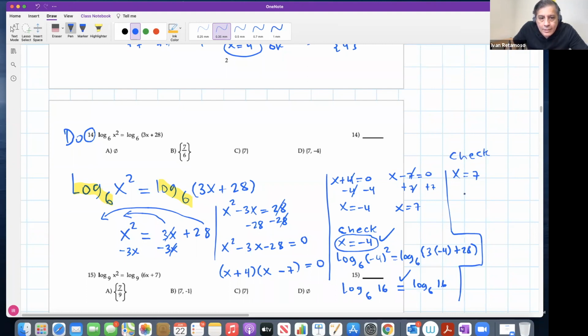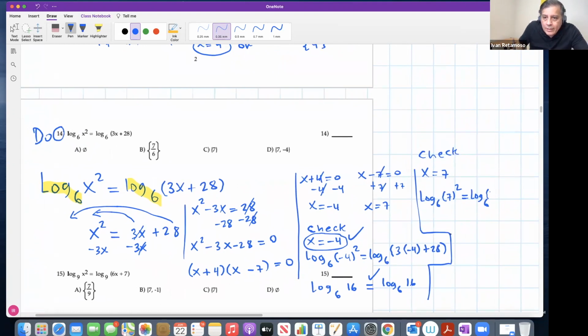And again, guys, if you want to shorten the checks, just make sure that the arguments are positive. If the arguments are positive, mathematicians have determined that it will check. So you can shorten this process by just making sure this is positive, which is the case.